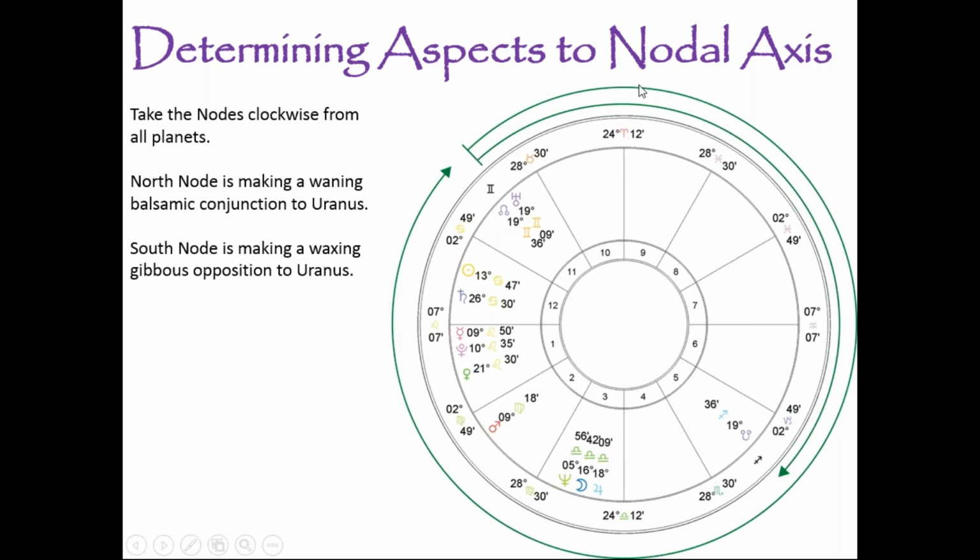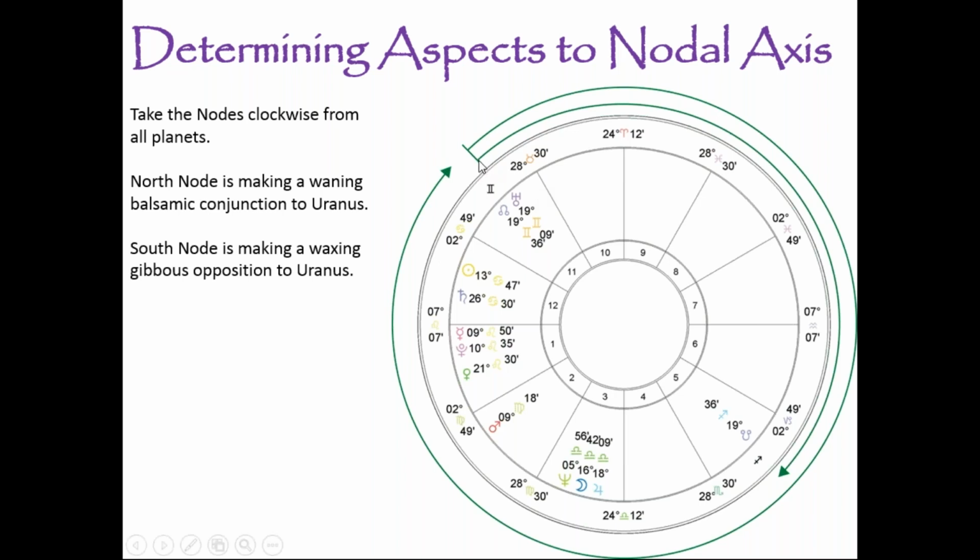We follow this outer green circle all the way around the chart, and the north node is a balsamic conjunction to Uranus. It will move over Uranus in a few minutes. If the north node was here, it'd be a new phase conjunction to Uranus.